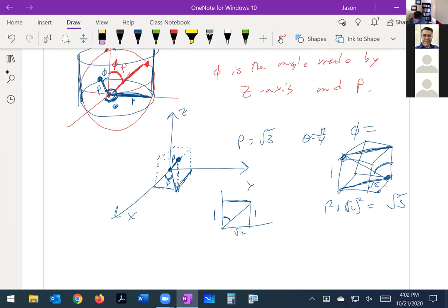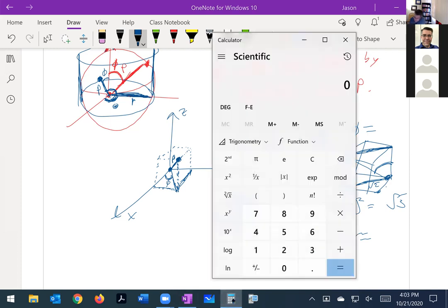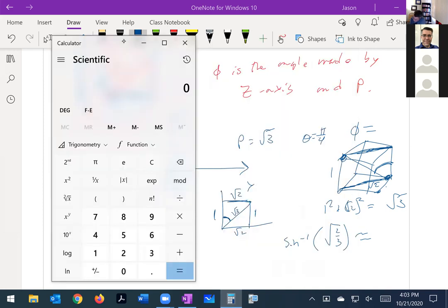So this is radical 2, and this is radical 3. That angle is going to be the inverse sine of radical 2 over radical 3. Wonder what that is approximately. I'm basically just screwing around at this point. Let's see what this is. Inverse sine.